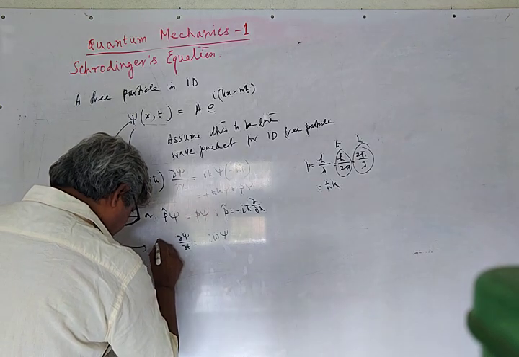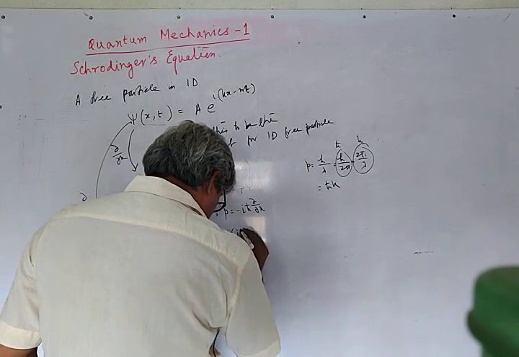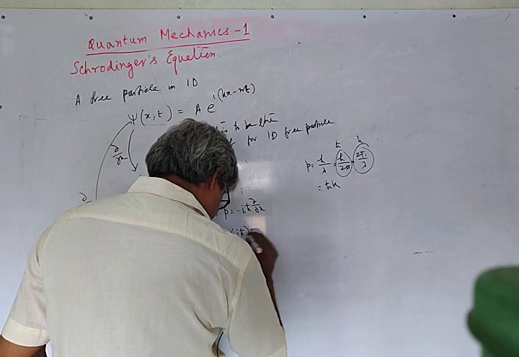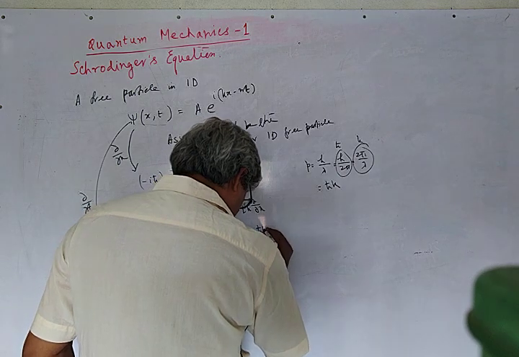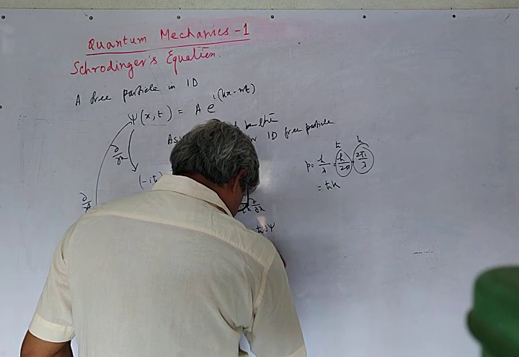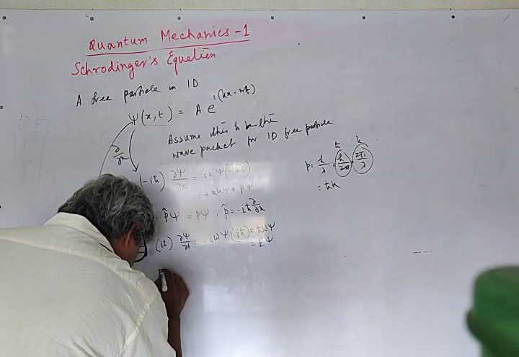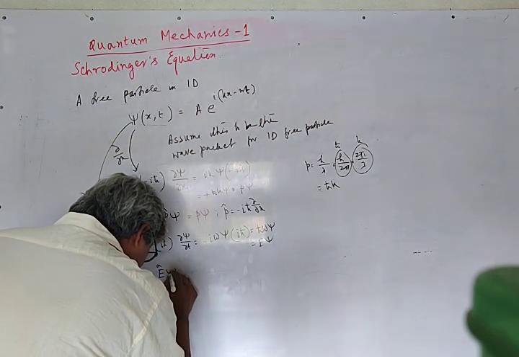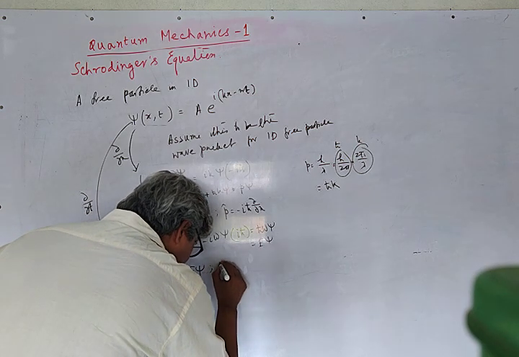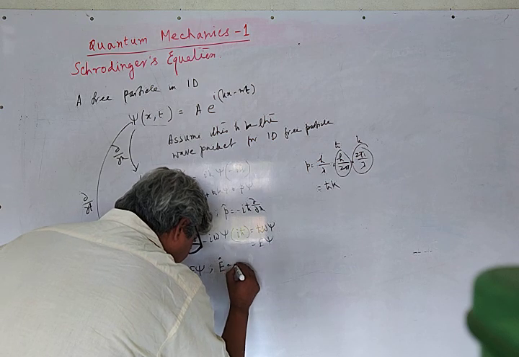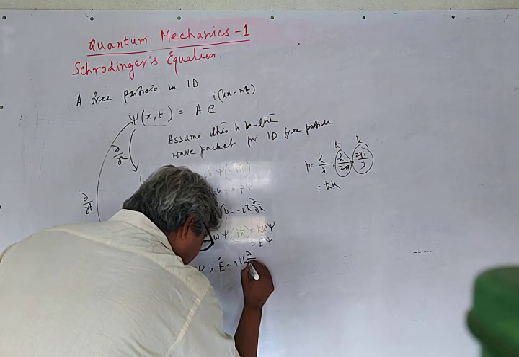Again we multiply it by i h cross, and then this is plus h cross omega psi, or this is E psi. So we write the E operator operating on psi gives you back the energy value times psi, where the E operator is defined as plus i h cross del t.